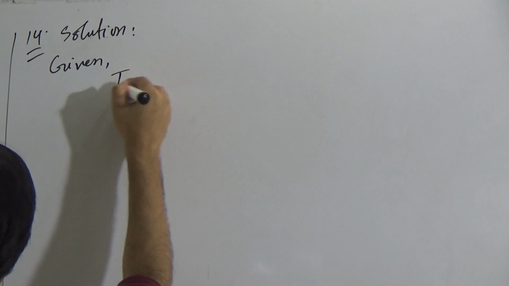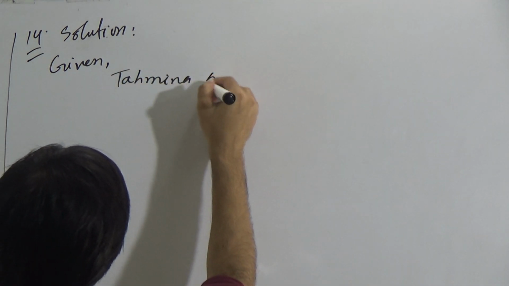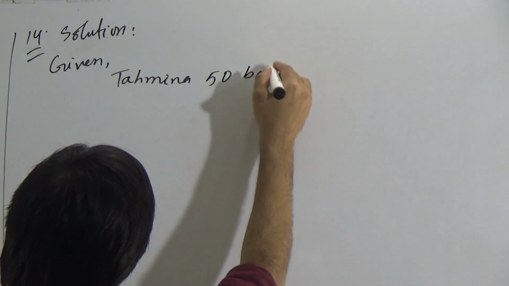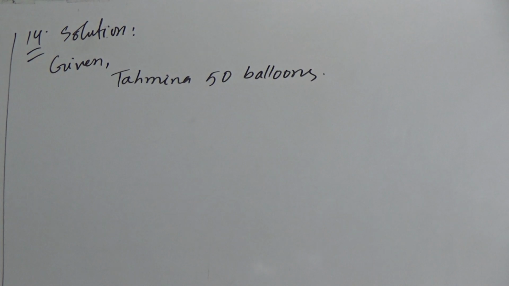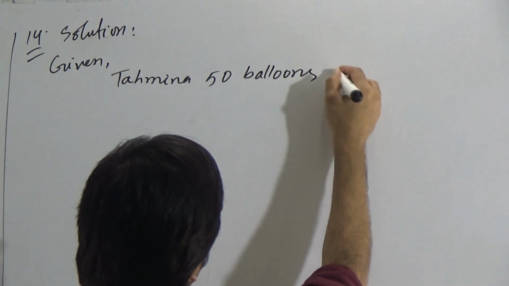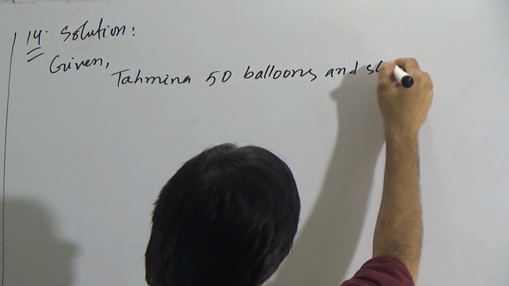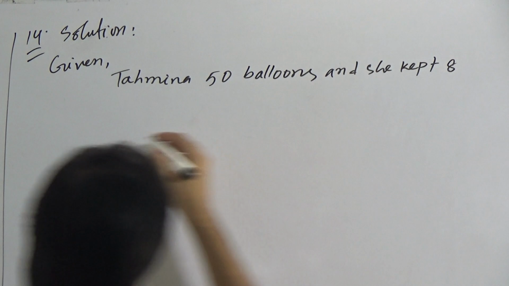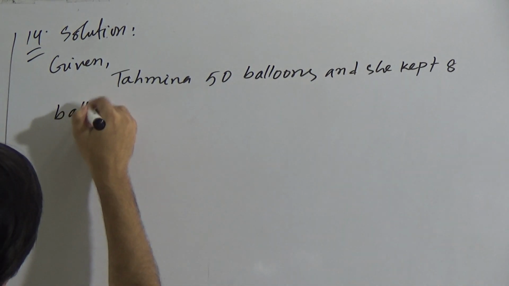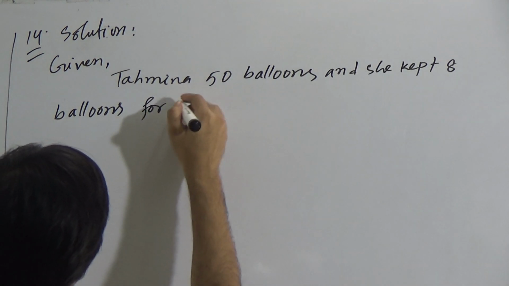Tahmina bought 50 balloons, and she kept 8 balloons for her.